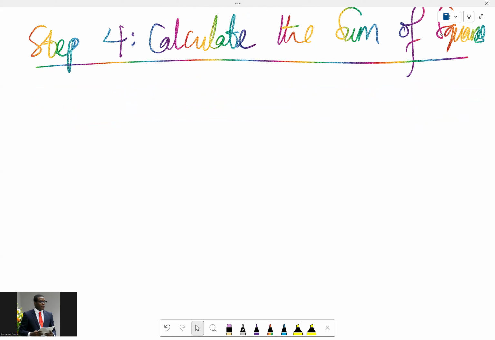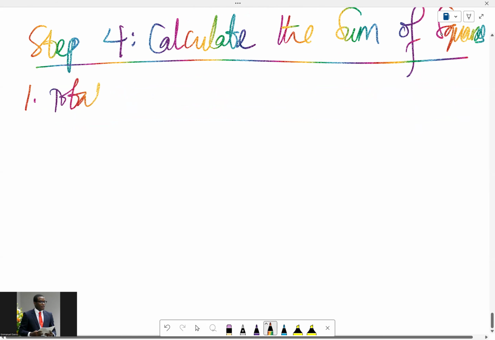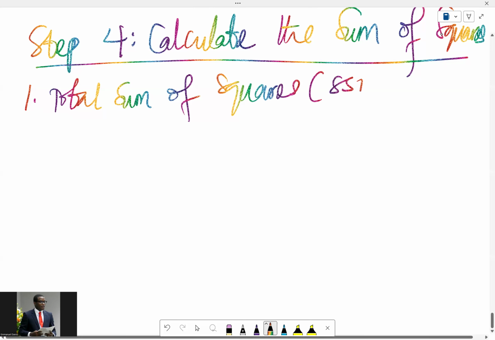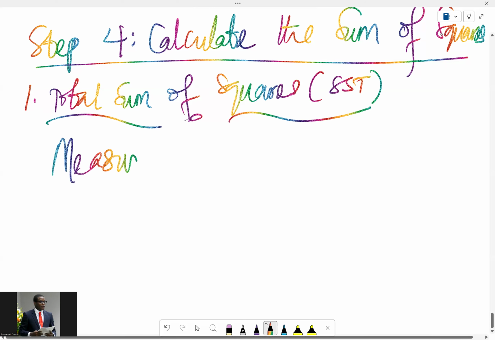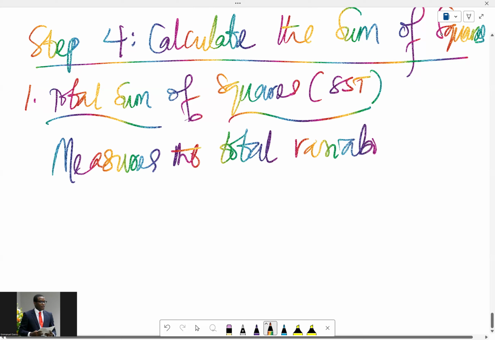So let's start with the first sum of squares, the total sum of squares, which is SST. This measures the total variability in the data.